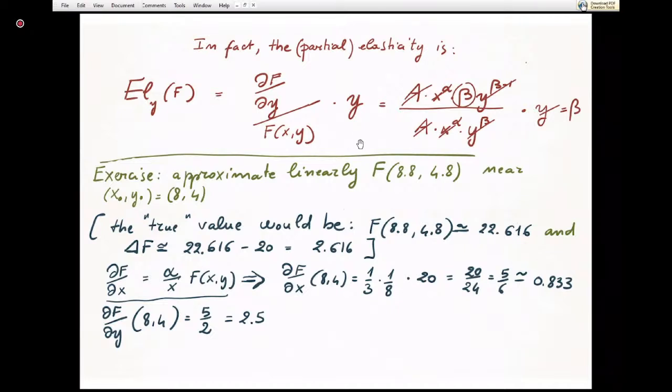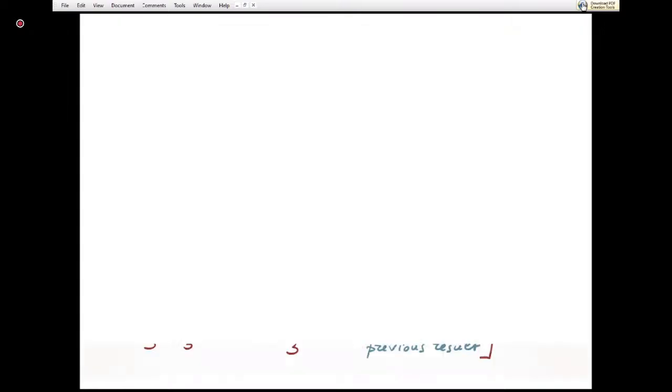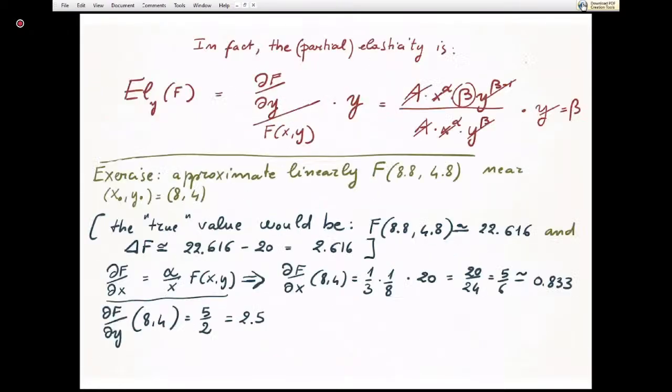And the next part of the exercise is to approximate linearly the value of the output when the two input factors are 8.8 and 4.8. This is the one we already tried before, the one left to you as an exercise.